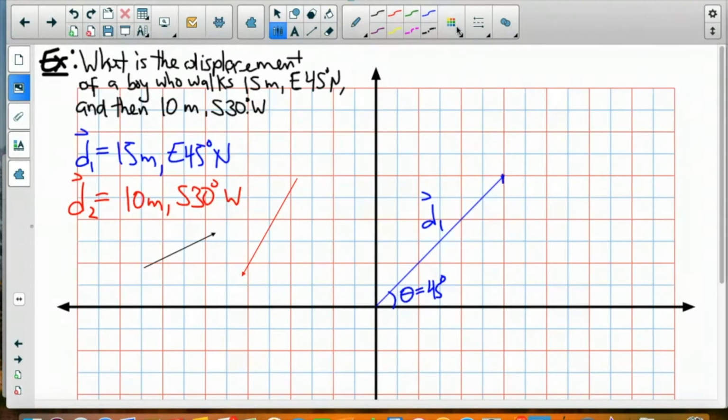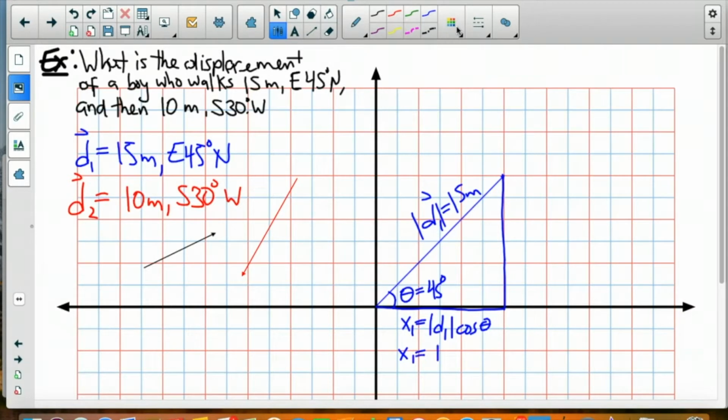So the question is, what are these lengths here? So we'll call this x1, and it's just the length. We know the length of D1 here is 15 meters. So it's the length of D1 times the cosine of theta.